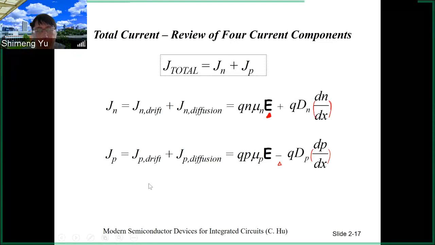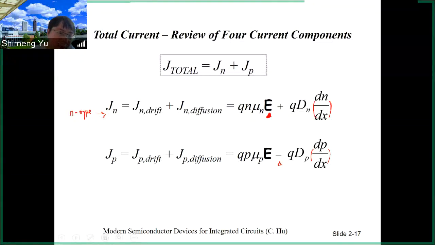And of course, if you talk about N-type semiconductor, then electron dominates. So you only need to take care of this Jn. So the J total is almost the same as the Jn in the N-type semiconductor, because hole is a minority. You can ignore that.